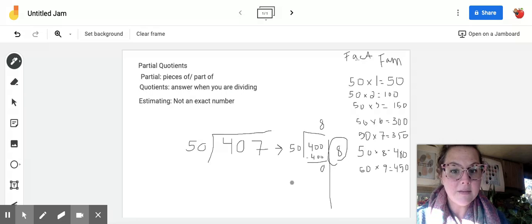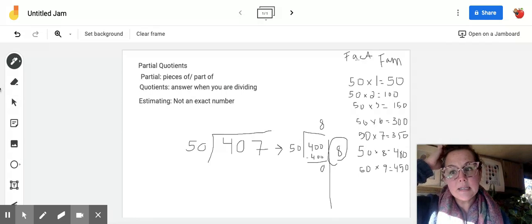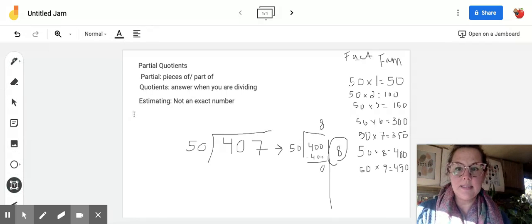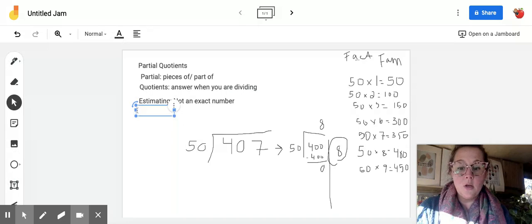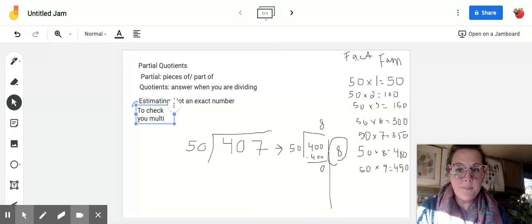Okay, I have to do 50 times 8. I want 50 times 8 because to check, let's write it down. To check, you multiply divisor by quotient. Remember, quotient is the answer.